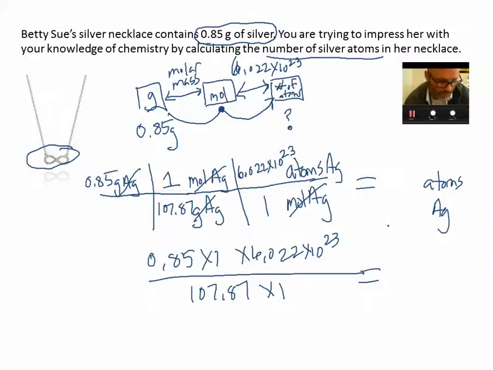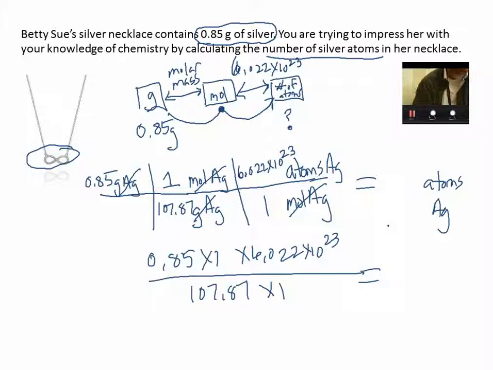So we do the math. On the calculator, I've got 0.85 times 1 times 6.022, second function, EE to the 23rd.